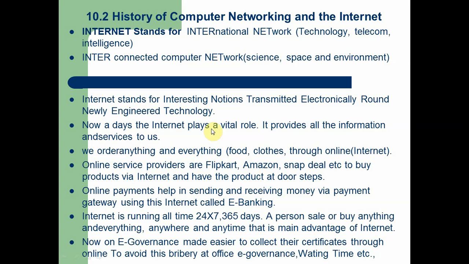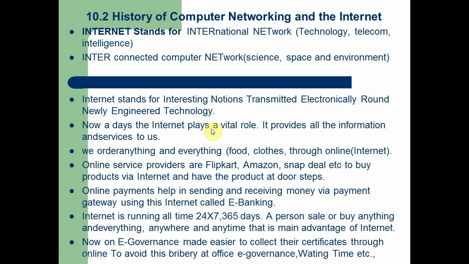The internet runs all the time, 24 by 7 and 365 days. So any person can sell or buy anything at any time, anywhere. This is the main advantage of the internet.